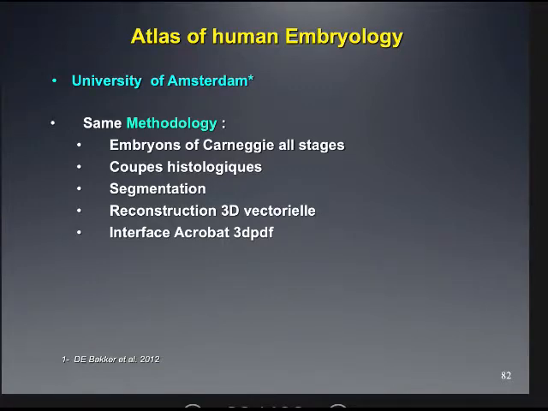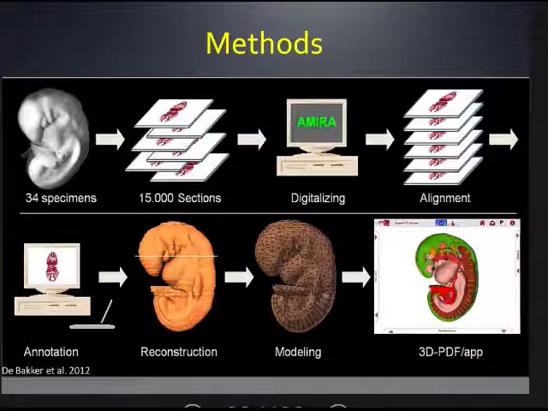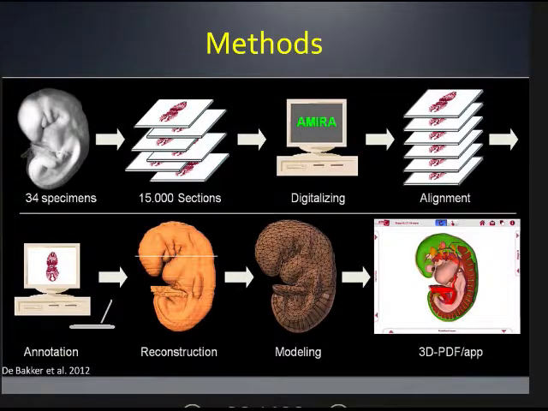It was using the same methodology as ours, that is embryos from Carnegie at all stages, histological slices, segmentation, reconstruction, vectorial reconstruction, and Acrobat 3D PDF interface. This is the methodology used by this work. You see the specimens, you see the software, Amira, for digitalization and alignment, and then annotation, and 3D reconstruction.